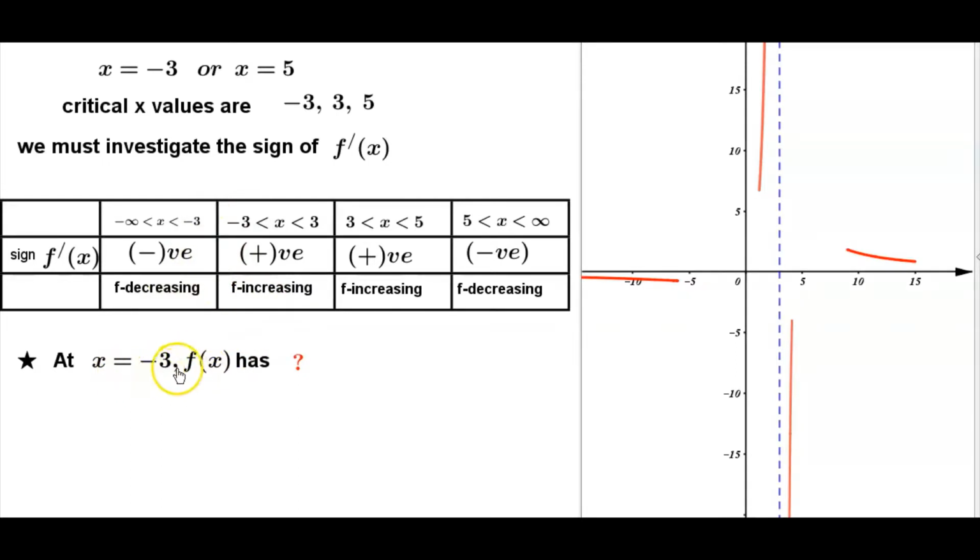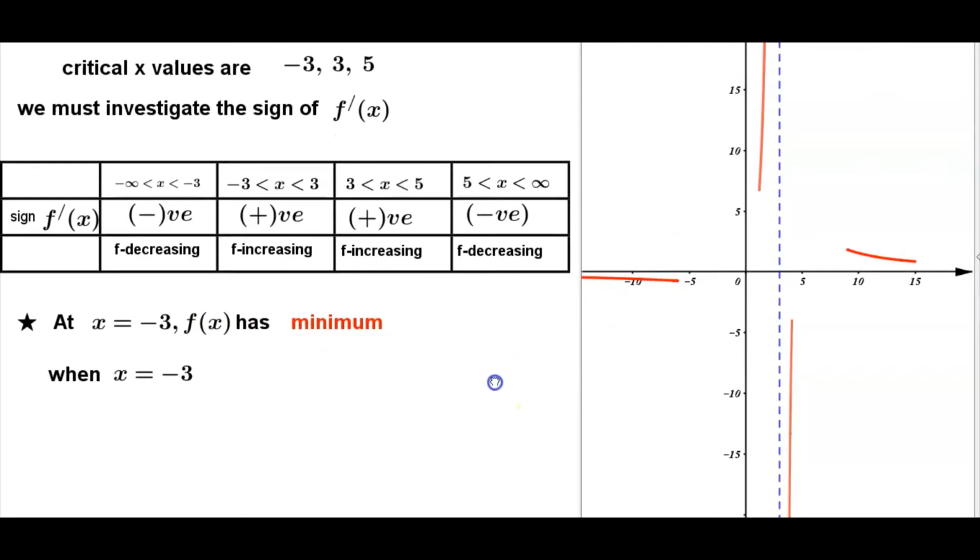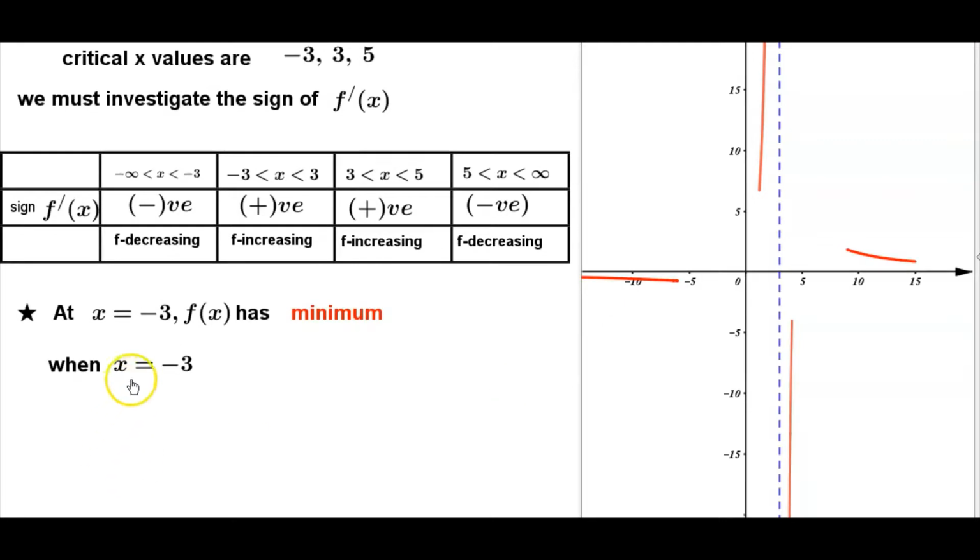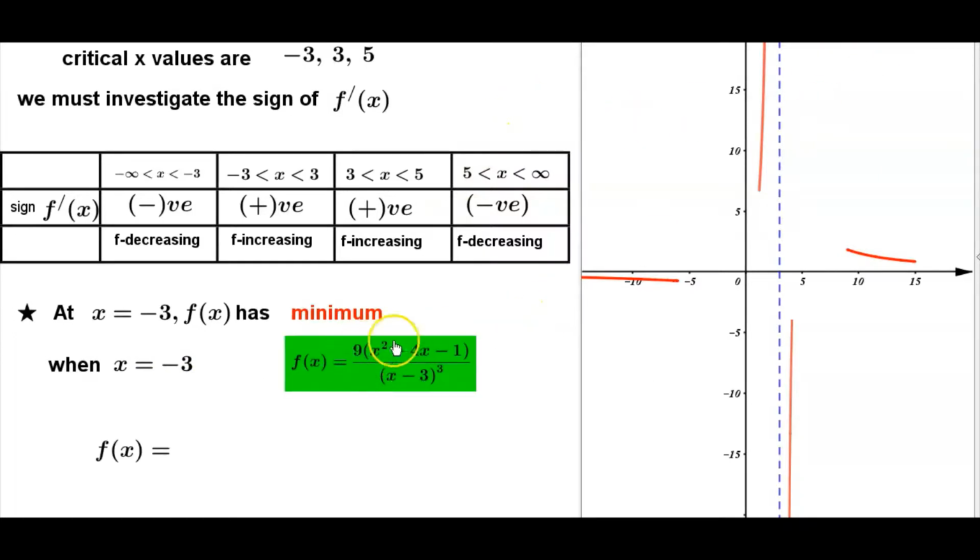Therefore, at x is equal to minus 3, the function has a minimum. So we want to find out the minimum point when x is equal to minus 3. What about the y value? We substitute into the function f here. When we substitute x is equal to minus 3, we can get the y value.